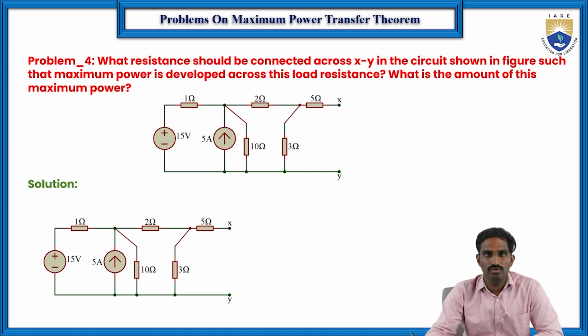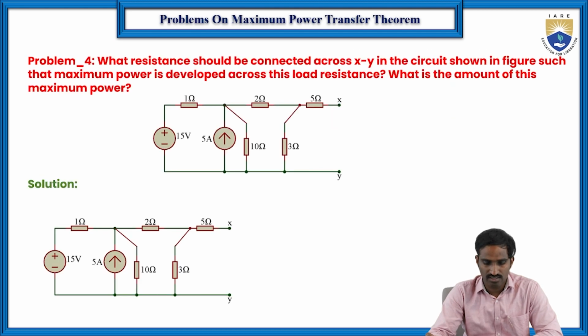Here it is not complicated actually, but we should know the exact methodology to find the voltage across the X and Y terminals, right? So here also the same thing. First we need to find the value of the load resistance, and after that we need to find what is the maximum power flowing through that load resistance, right?